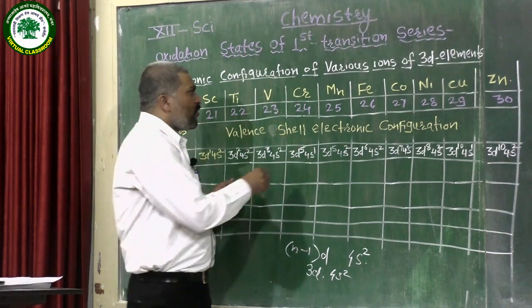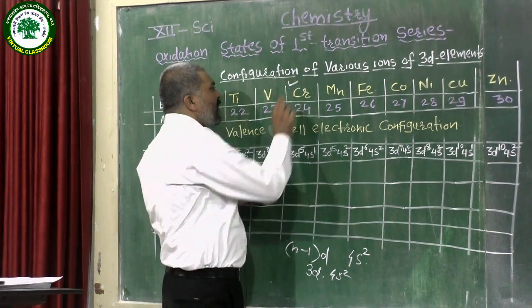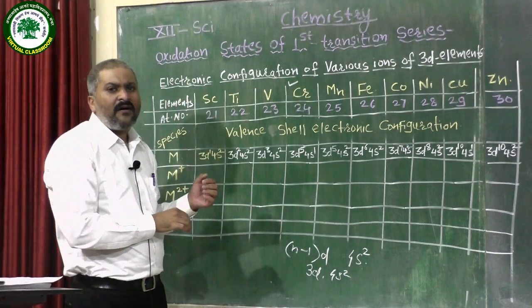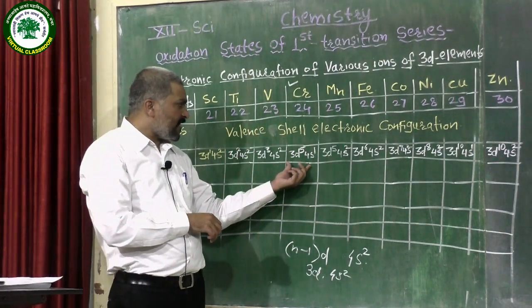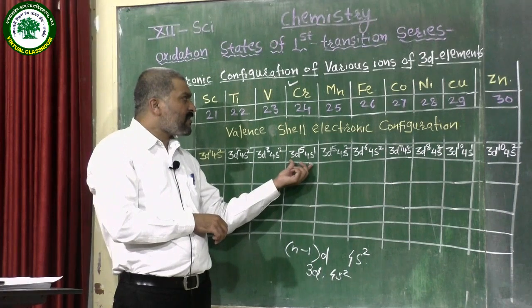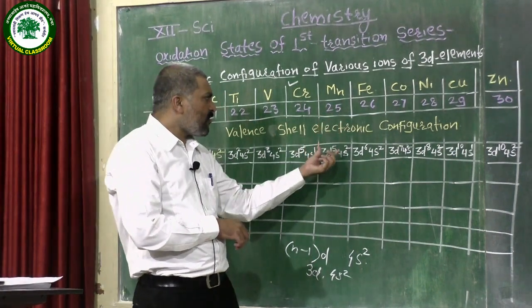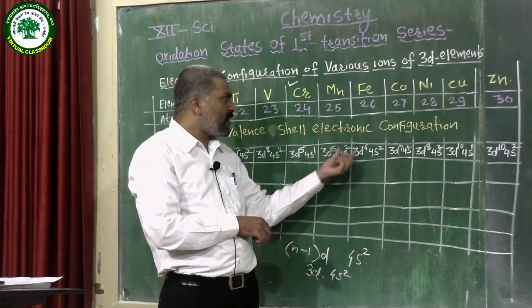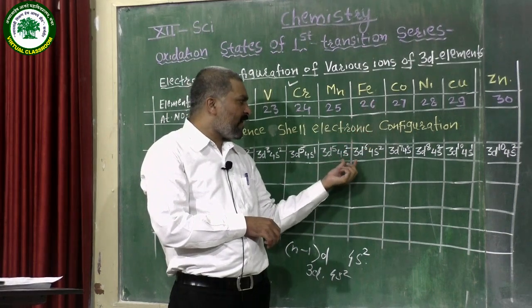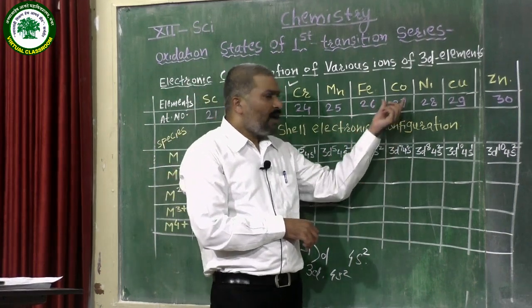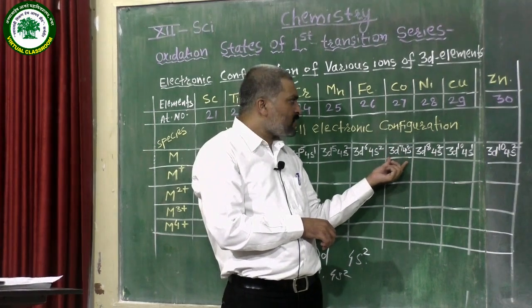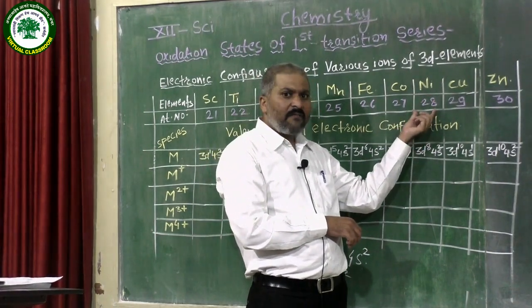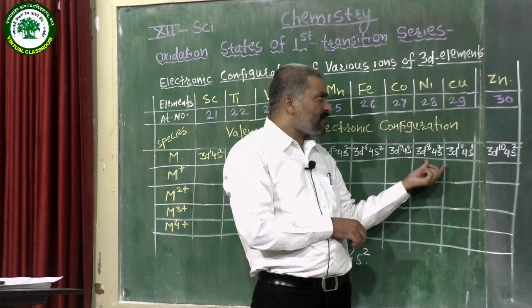Chromium shows a somewhat different electronic configuration, that is 3d5 4s1. Manganese, atomic number 25, has 3d5 4s2. Iron, 26, has the regular 3d6 4s2. Cobalt, atomic number 27, has 3d7 4s2. Nickel, atomic number 28, has 3d8 4s2.